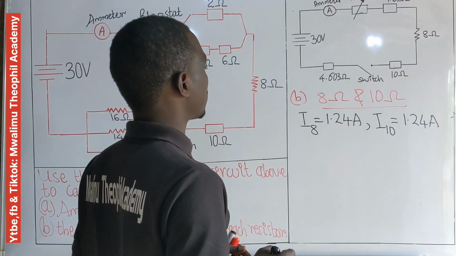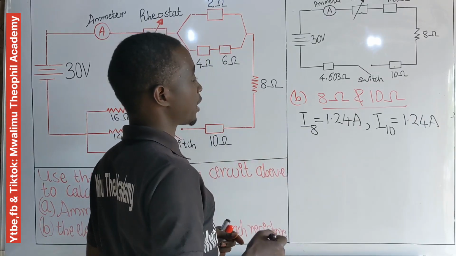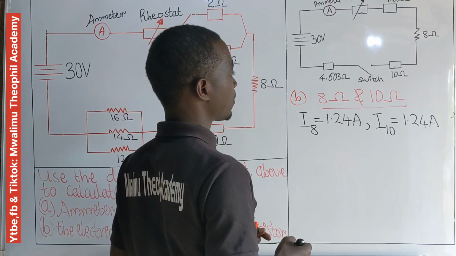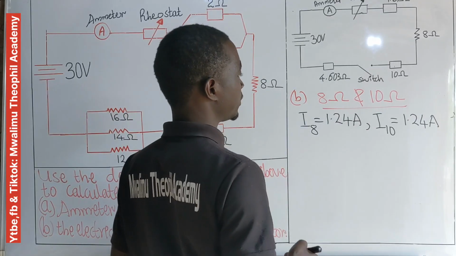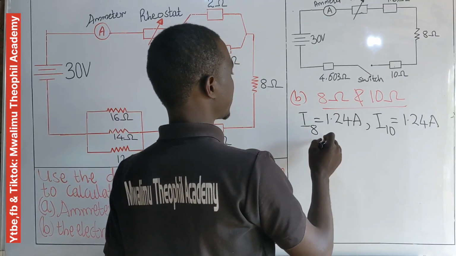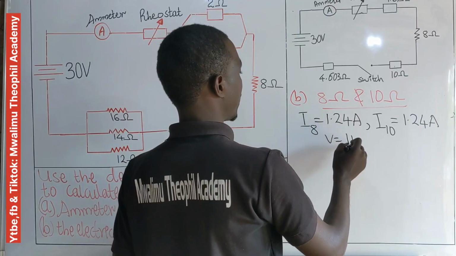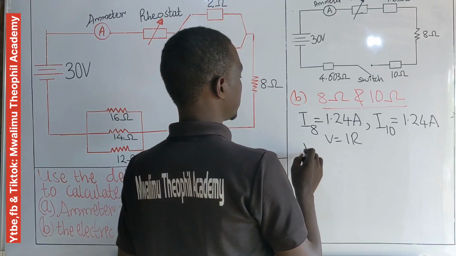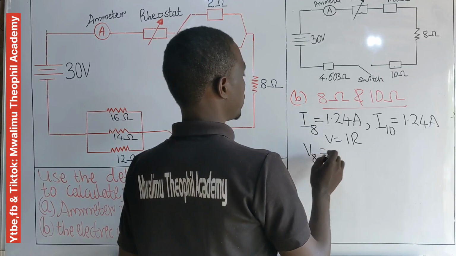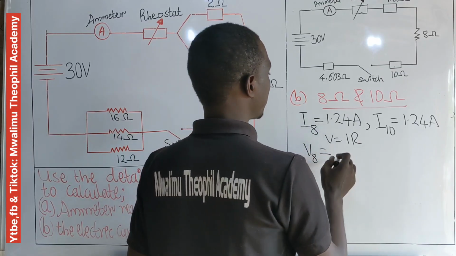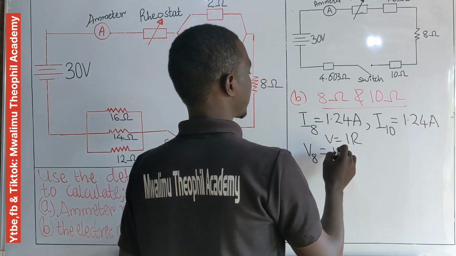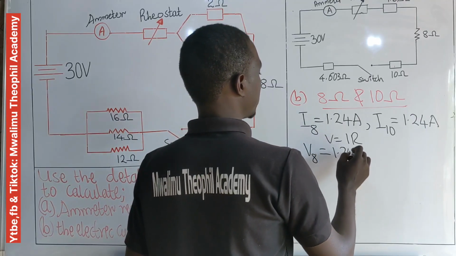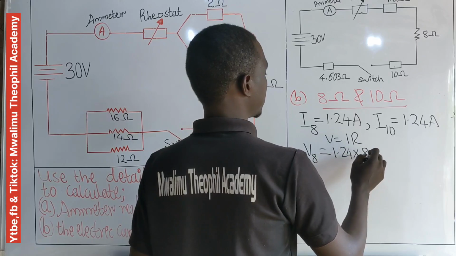The potential difference across the 8 ohm resistor is obtained from Ohm's law, the same as in the 10 ohm resistor, that V is equal to IR. So the voltage in the 8 ohm resistor, V8, will be equal to I8 times R8, whereby its current is 1.24 times its resistance, which is 8.